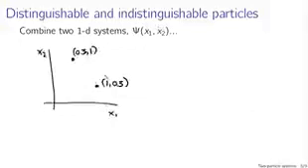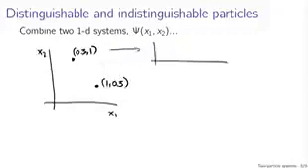What I mean by whether the particles are indistinguishable or distinguishable is whether these two outcomes, (0.3, 1) or (1, 0.3), are actually distinct. If I was measuring this in a 2-dimensional space, these points would, of course, be very distinct. But I don't actually have a 2-dimensional space. I have a 1-dimensional space with two particles in it. So if I measure, say, this outcome in 1-dimensional space, I'm measuring one particle at point 0.3 and another particle at position 1. So my wave function then essentially has a particle there and a particle there.